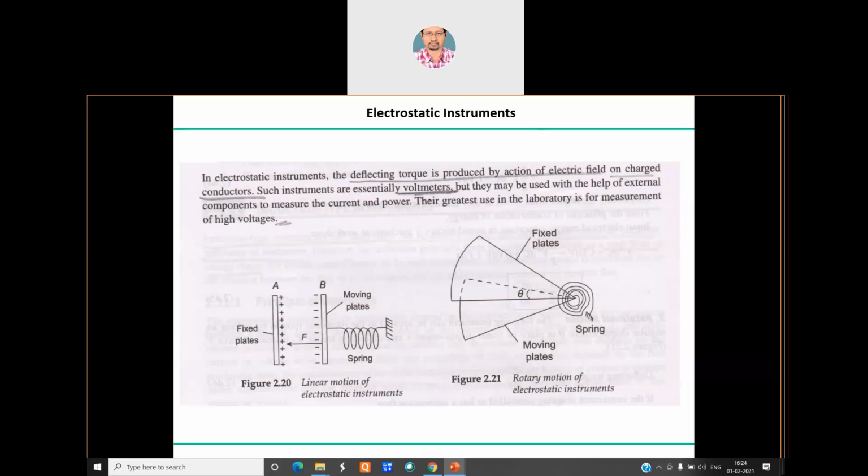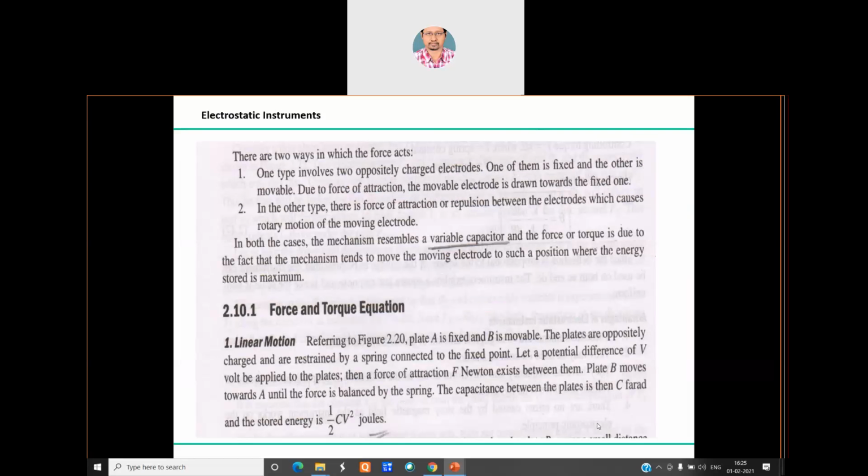Now the effective area, as you can see, theta. The effective area covered between the moving plate and the fixed plate decides how much force, or in other words how much torque, is exerted over the pointer. That's the simple philosophy. These are the two ways.